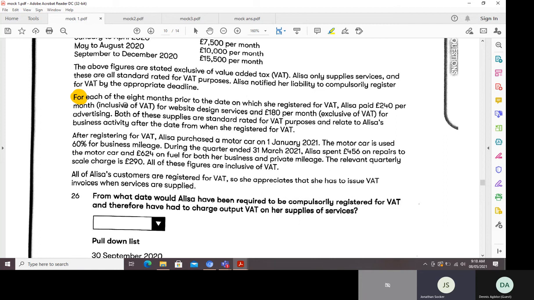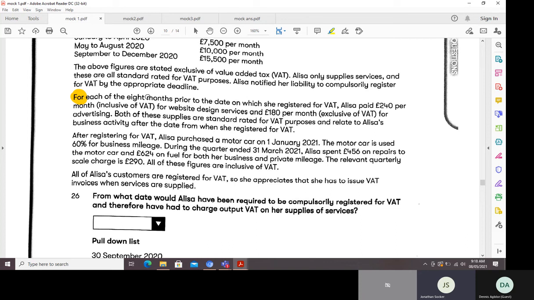What it means is that she has been incurring these expenses 8 months before she registered, and she continued to incur them after registration. But per this question, we are concerned about the pre-registration. So we know pre-registration we can only go back as far as how many months? 6 months.